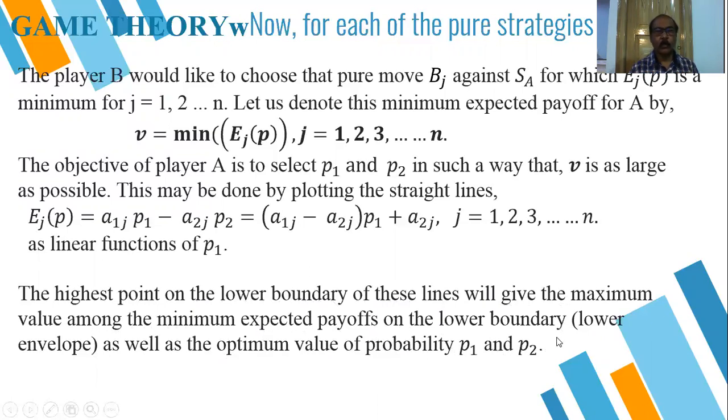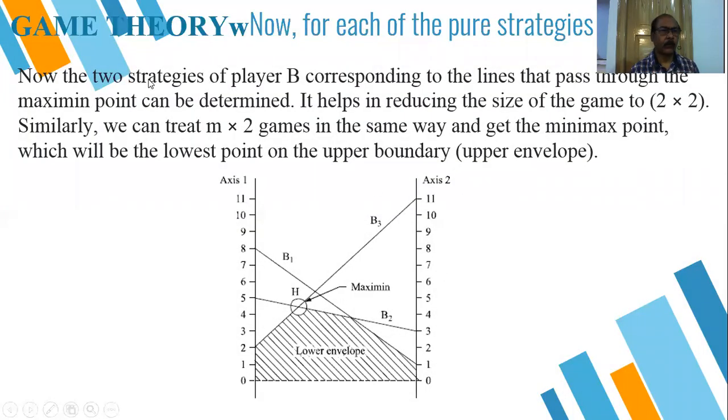So the 2 cross N game is reduced to a 2 cross 2 payoff matrix. Now the two strategies of player B corresponding to the lines that pass through the maximum point can be determined.